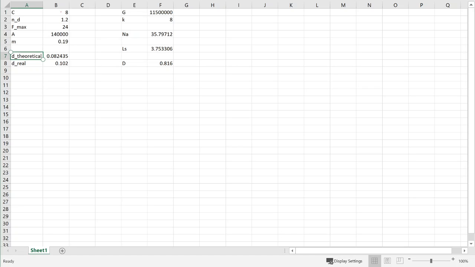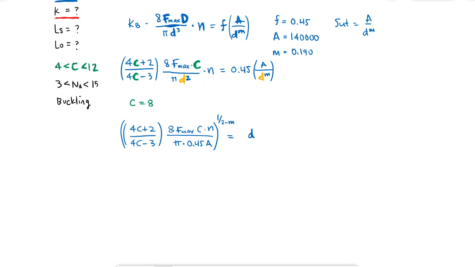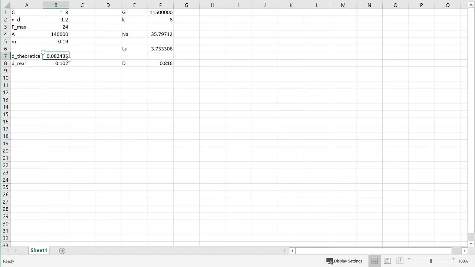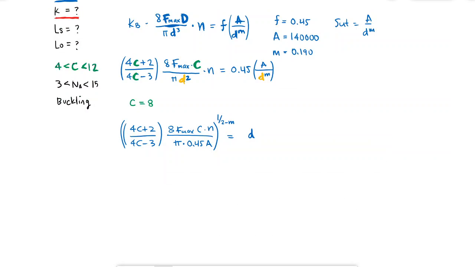So I have an m equal to 0.19 from the table, 140 kpsi, I'm now changing it to pounds. The force is 24, the maximum force, the design factor is 1.2, and the C that I am assuming is 8. So my theoretical diameter from that equation that I just showed you would be equal to 0.824.